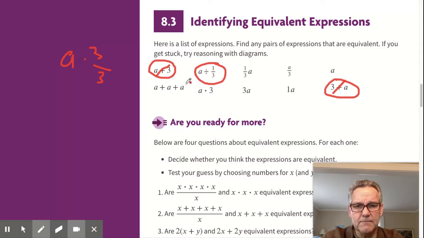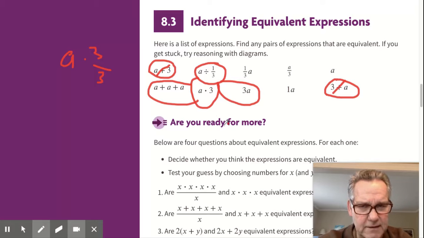So I think that these two are the same. And I think that's the same. And in this particular case, it also means this. And we're going to use a couple of examples to prove that, because that can be a little bit confusing.